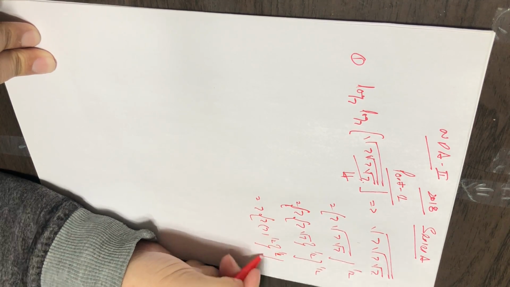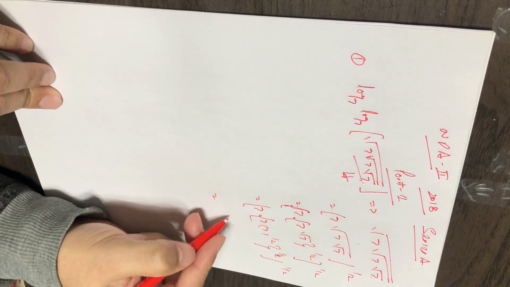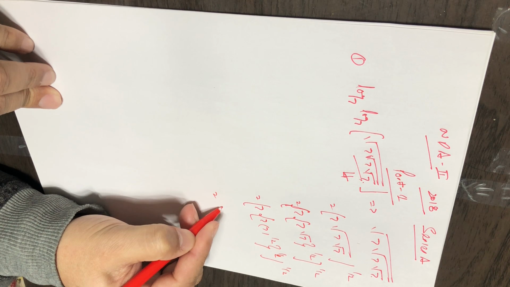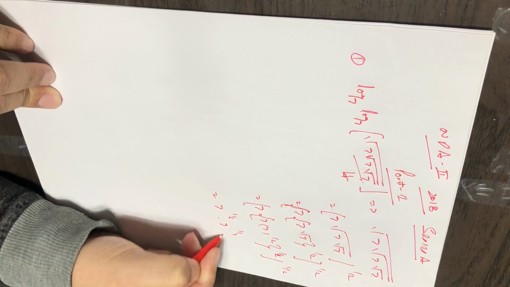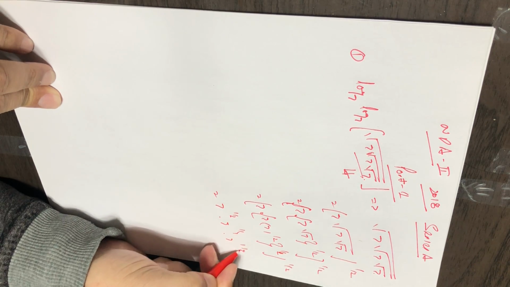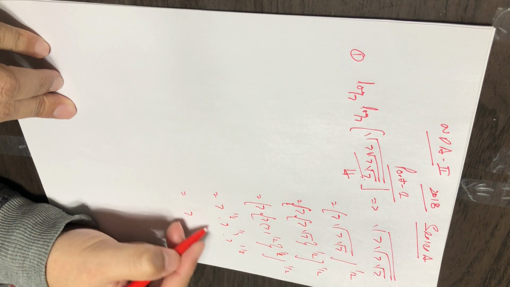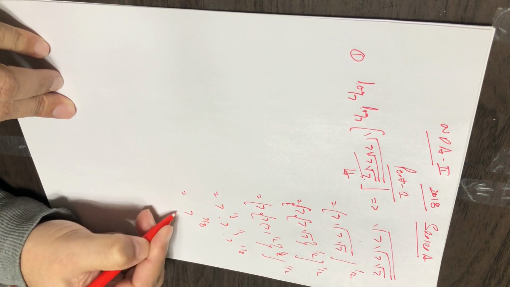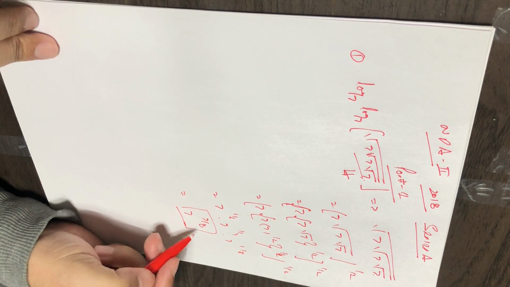If you open this, it will come as 7 raised to 1 by 2, 7 raised to 1 by 4, and 7 raised to 1 by 8. Bases are the same, so powers are going to add. So finally this part will be 7 raised to power 7 by 8.